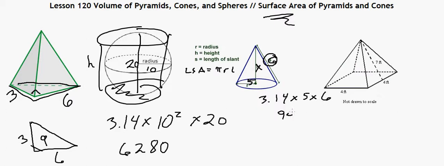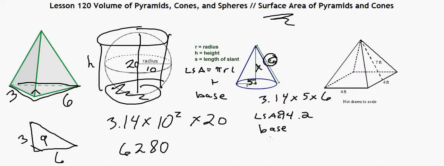I'm doing the problem at the bottom of 380. Why am I not done? Because that was the LSA. I still need the area of the base. Total surface area takes this plus the base.